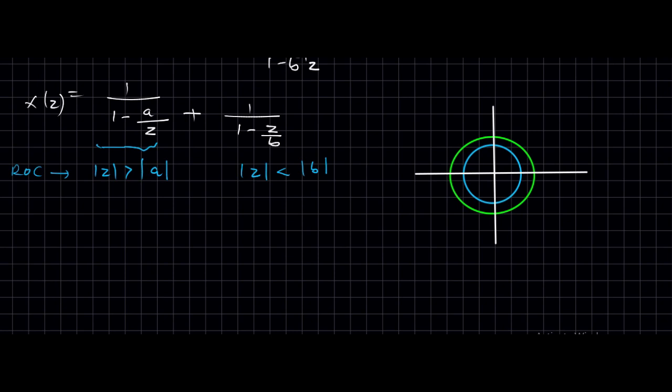So this value is a, and this one is b, and the region of convergence is between these. This is the imaginary part of z and this is the real part of z, and the region of convergence is between these. So we have a ring as the region of convergence.